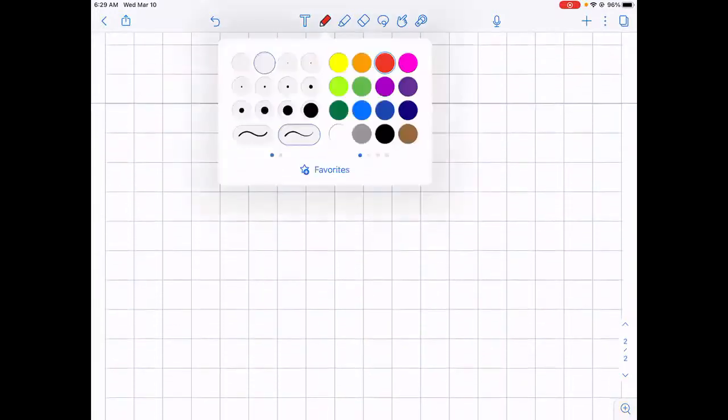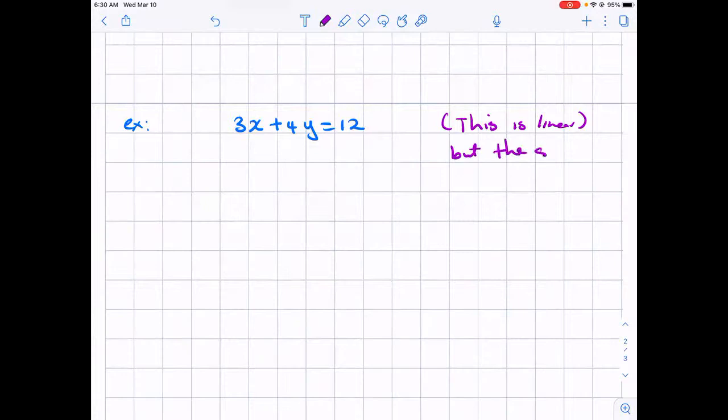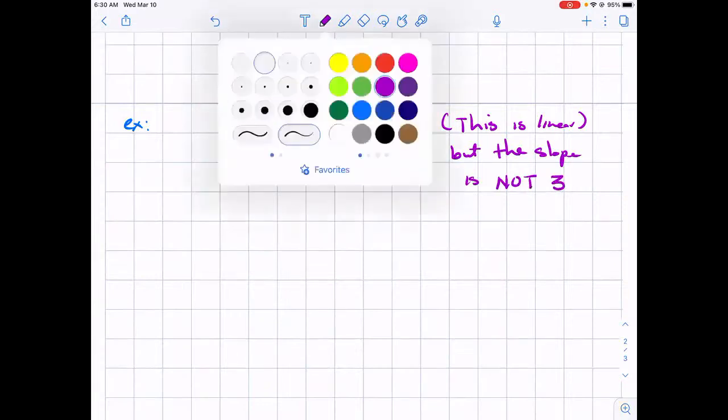On the other hand, if we have an example, 3x plus 4y is equal to 12. Okay, so this is linear. But the slope is not 3.